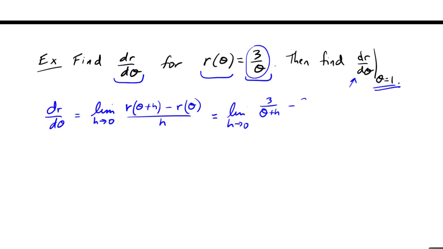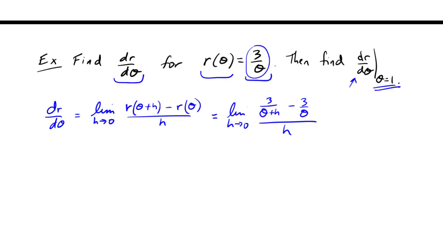Minus r of theta, which is just 3 over theta, all over h. All right, and there we have the limit that we actually have to calculate. Notice again, it is starting as 0 over 0. So we have to work our way out of it. We saw limits like this when we were doing it earlier. We need to get some sort of common denominator and work this out.